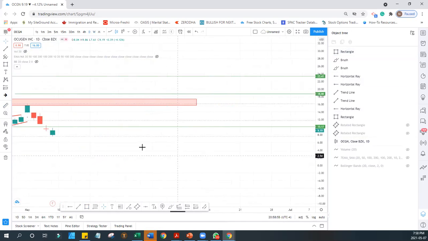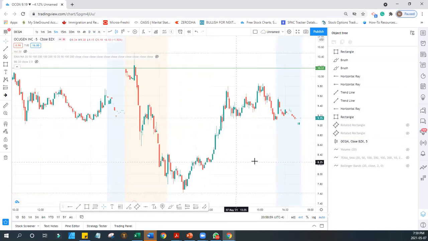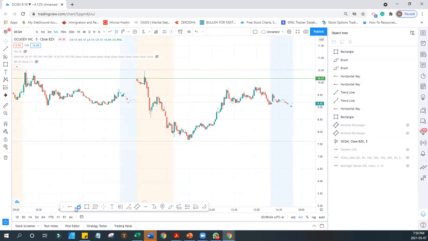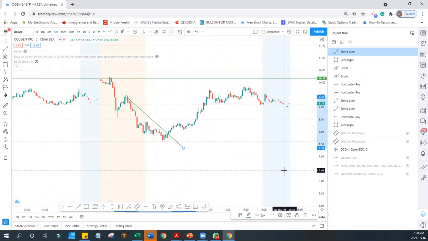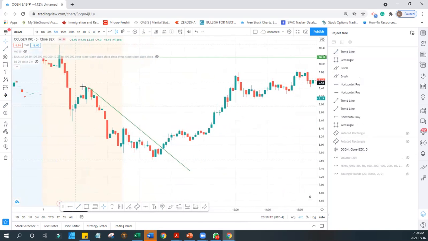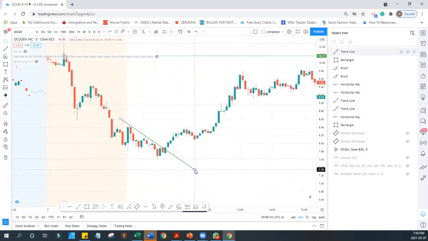Now if you see this pattern, let's go to the 5-minute chart for OCGN. This is the trend line. Breakout happened, right? Even if I go here, isn't it a breakout?